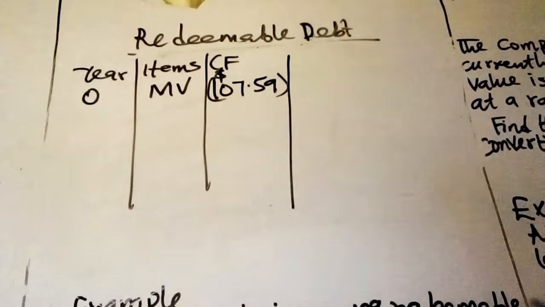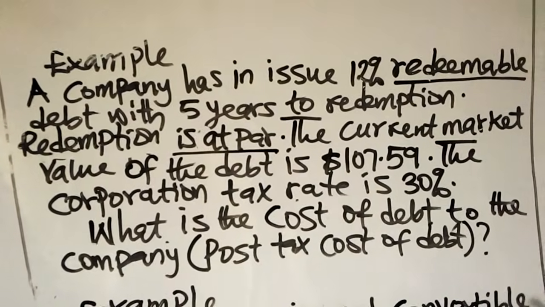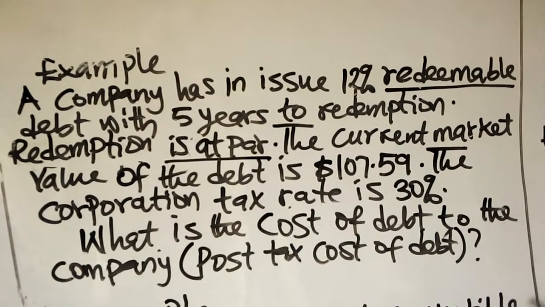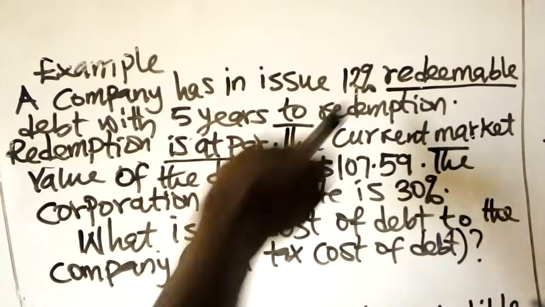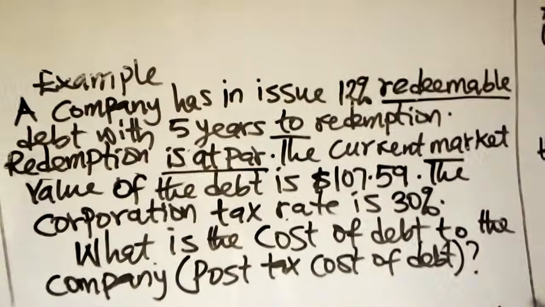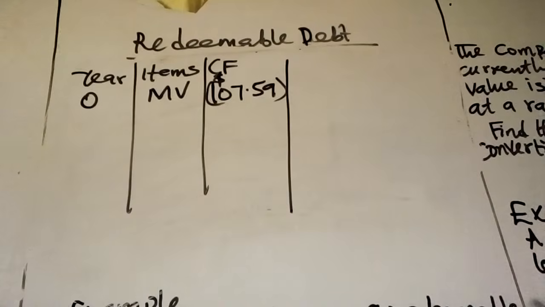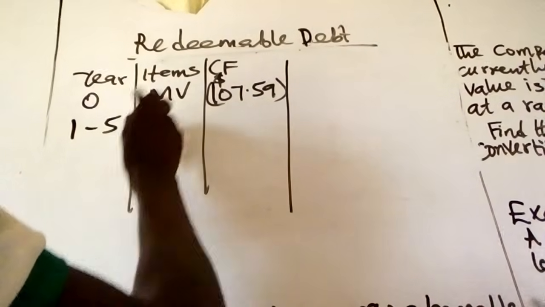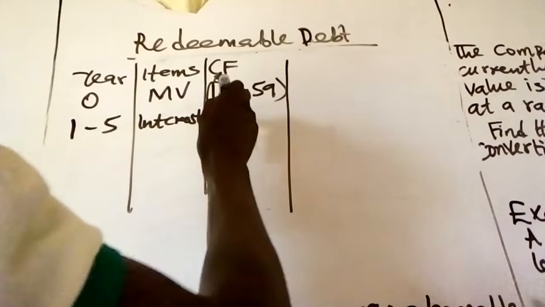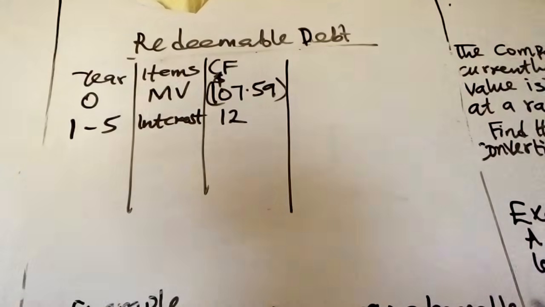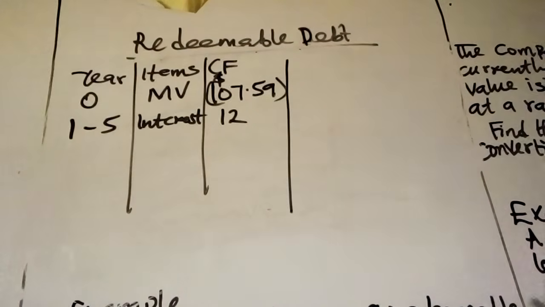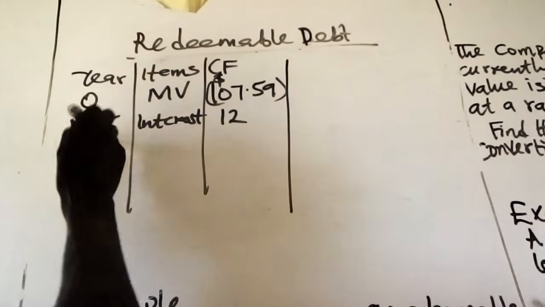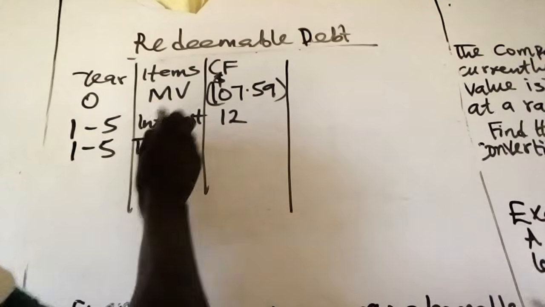Then the debt will be redeemable in 5 years, and the coupon rate, the rate of interest, is 12%. Then you have years 1 to 5, with interest at 12%. Same years 1 to 5, you have tax savings on interest.